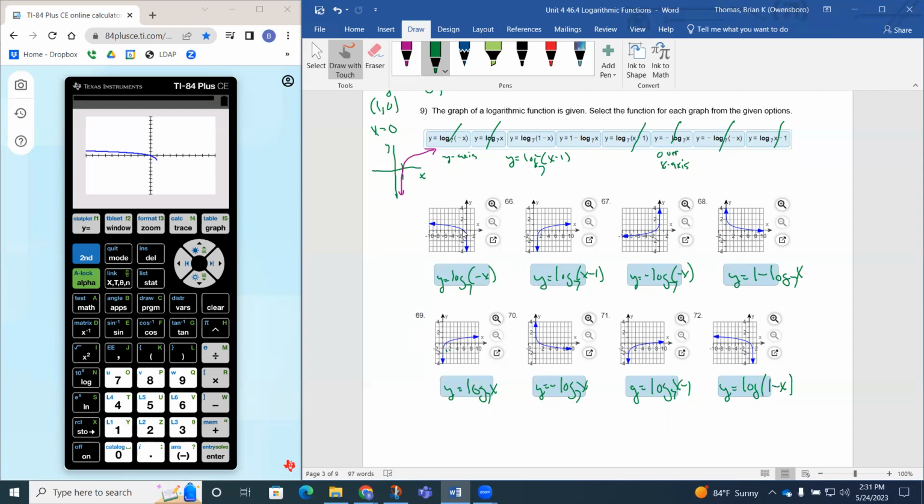So it's this graph shifted to the right one. So that does make sense that that's what we got there. So notice when you do this, you kind of have to just work your way through those. I like to do the shifts first, and then I look at the reflections, and then we look at the ones with the shifts and reflections last.